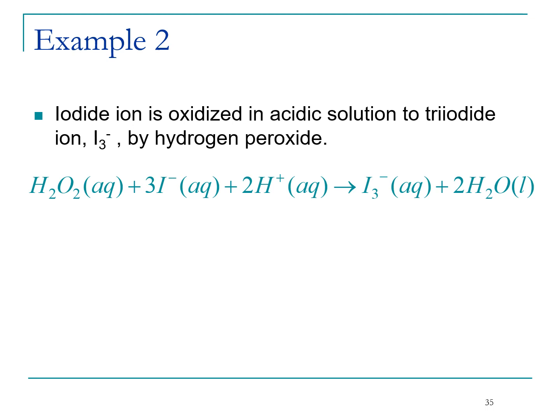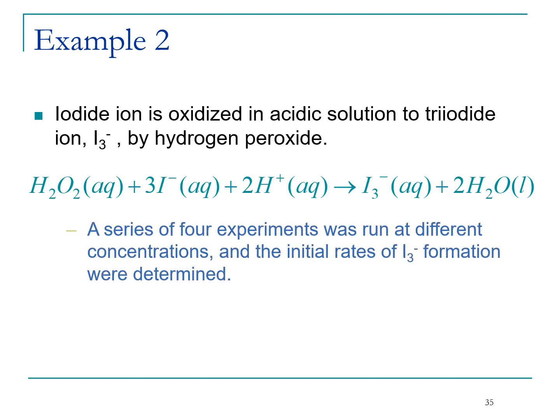So let's look at another example. Iodide ion is oxidized in an acidic solution to triiodide ion as long as you've got peroxide. So peroxide plus 3I negative plus 2H plus, so that's the acidic solution, will give us I3 and 2H2O.